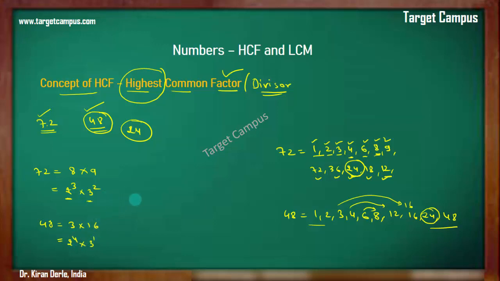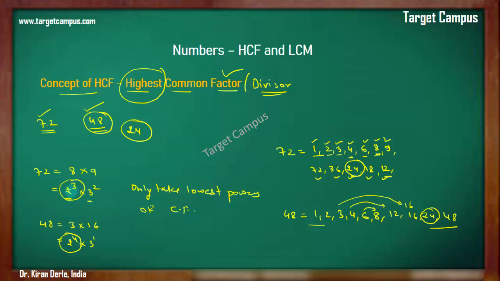Whenever we calculate HCF, we only take the lowest powers of common factors. So which is common between them? 2 is common.